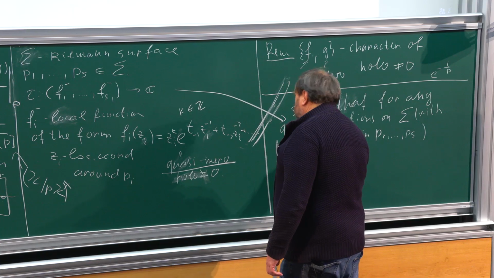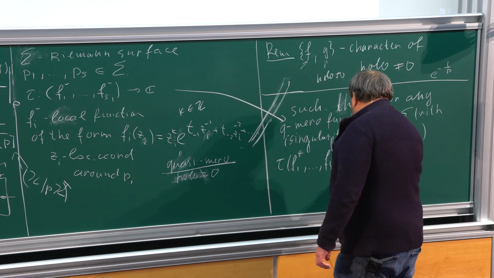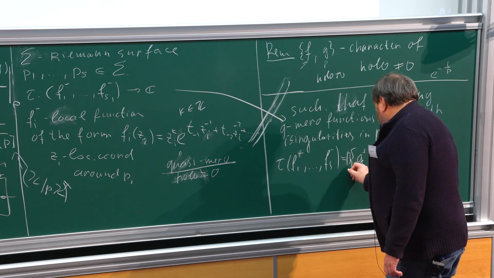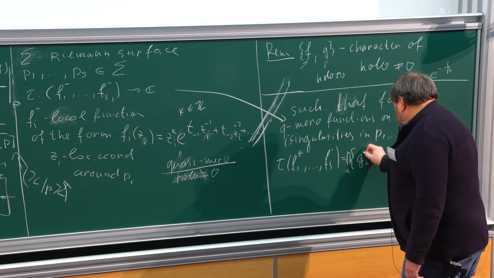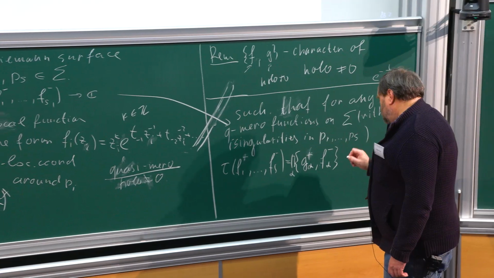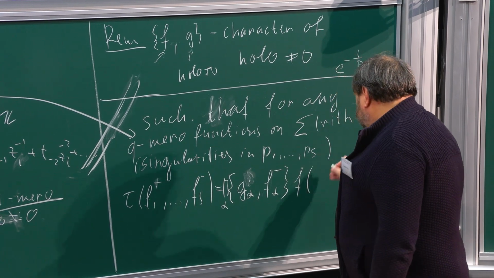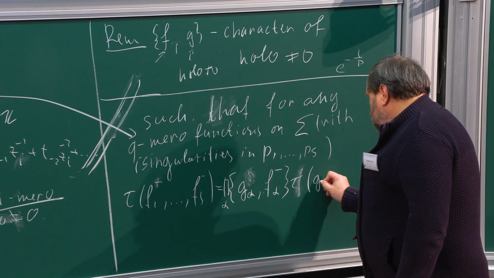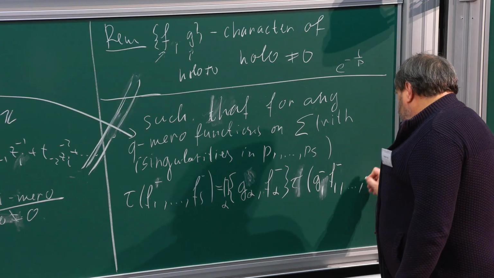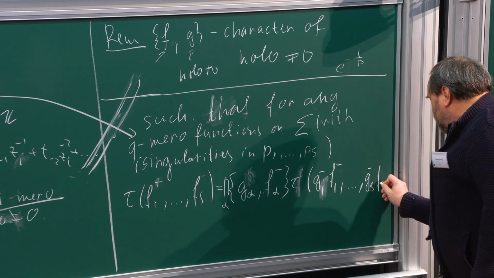I have tau of f1 minus, ..., fs minus, equals the symbol of g plus f, product over alpha, times tau of g1 minus f1 minus, ..., gs minus fs minus.